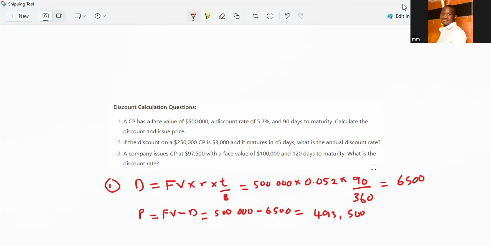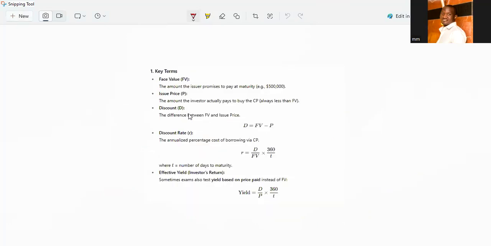The discount is simply the difference between the face value and the issue price, so FV minus P. The discount rate is given as a percentage of the cost of borrowing, so it is the discount over the face value times 360, or B, over time.